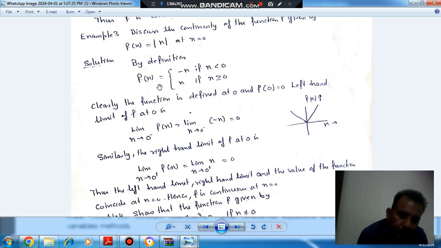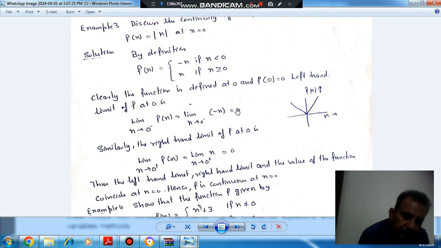Now if we take the left hand limit at 0, we have to check the continuity at x = 0. For the left hand limit, this equation will be followed. So the limit as x tends to 0 minus of f(x): the value of f(x) on the negative side is -x, so we put x = 0 and we get 0.